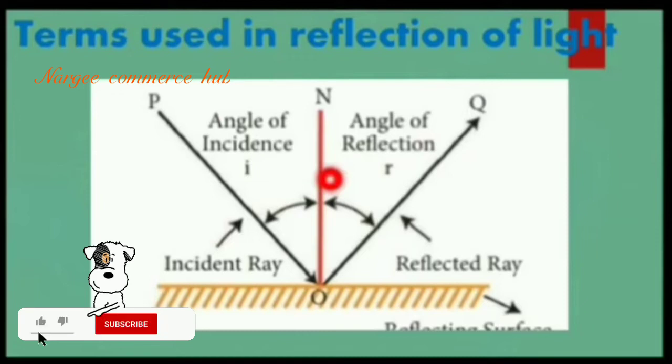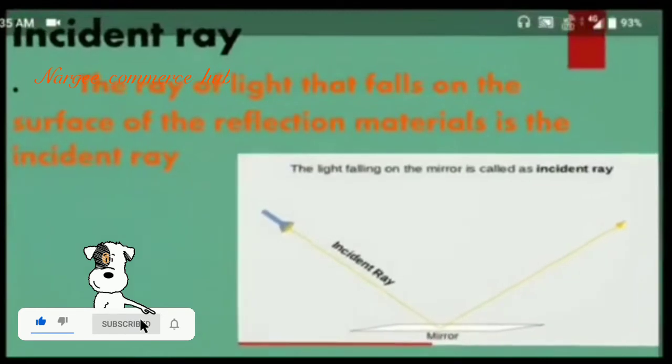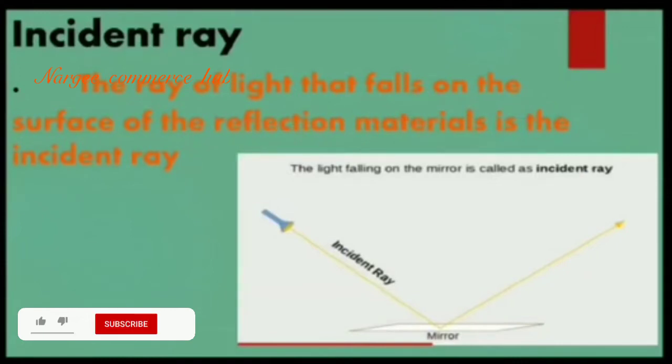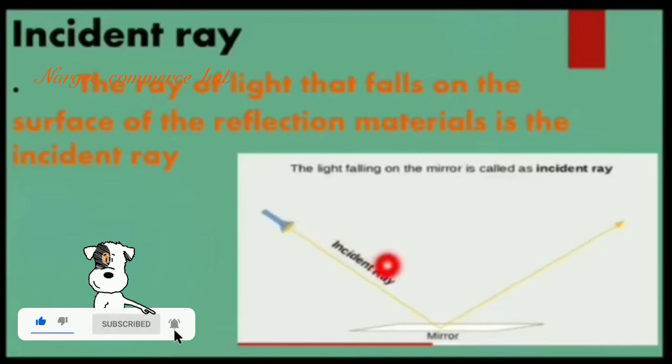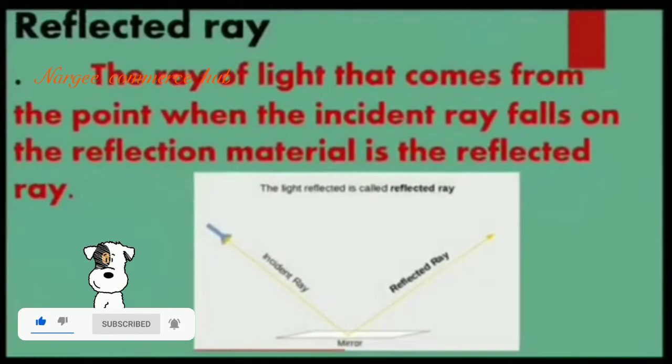Let us see about these terms one by one. First one, incident ray. The ray of light that falls on the surface of the reflecting material is the incident ray. Next one, reflected ray.